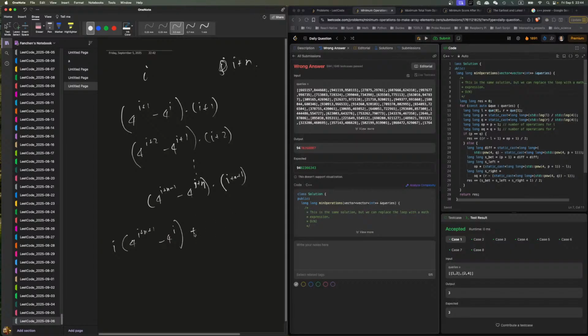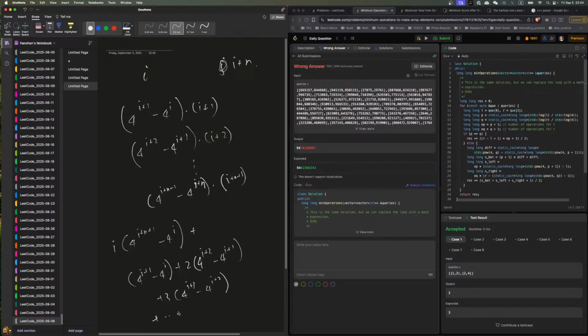Now we have an issue. I see where we're going. 4^(i+1) minus 4^i will be plus 2 times 4^i times (i+2), (i+1), and then it will be 3. Oh, this is trouble.